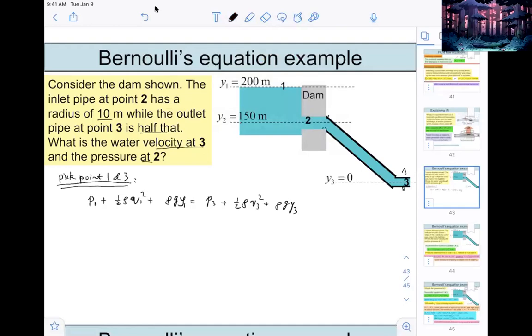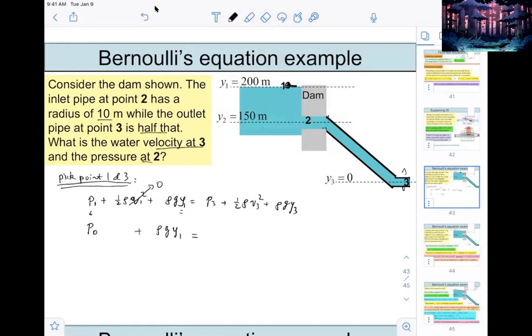So P1 is right at the atmosphere, so P1 is just atmospheric pressure, P0. Water is not flowing at the top, right? It's flowing down. So at the top, it still has 0 speed, so V1 is 0. And y1 is 200 meters.